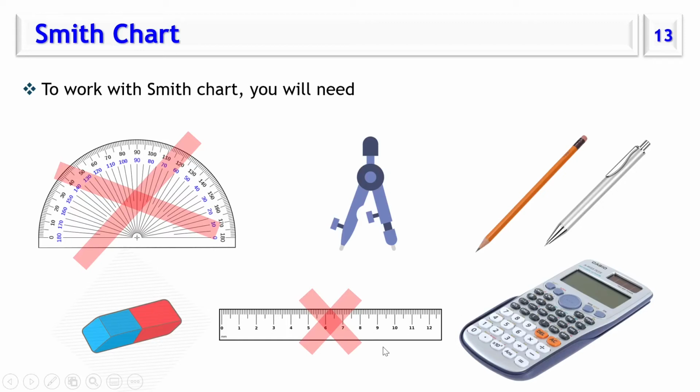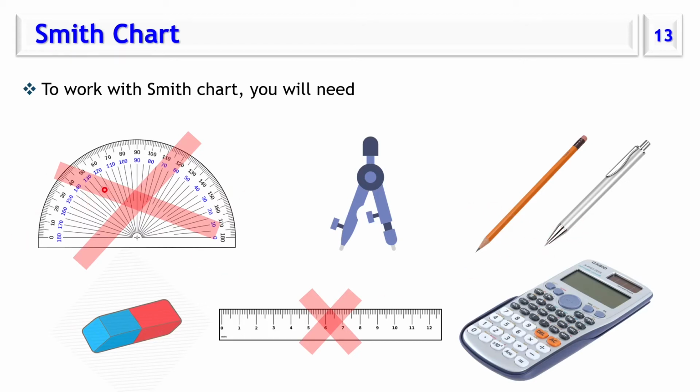So based on that, all you really need is a compass for drawing a circle of constant radius, a calculator, maybe an eraser, and a pencil.